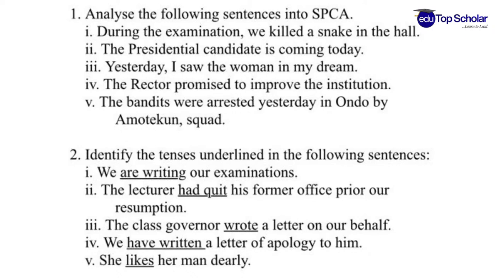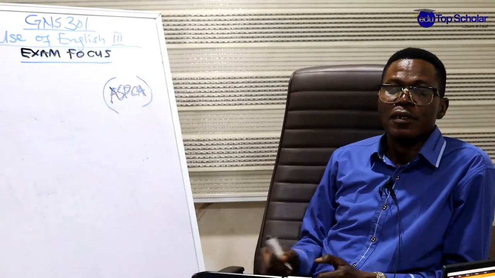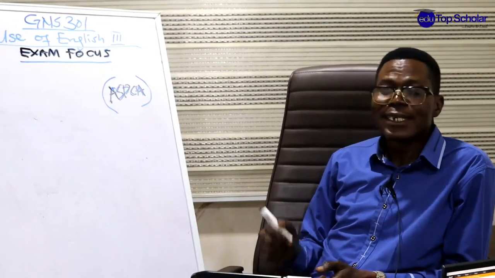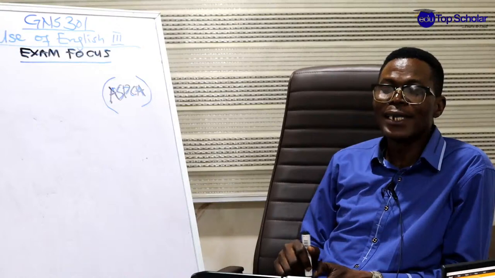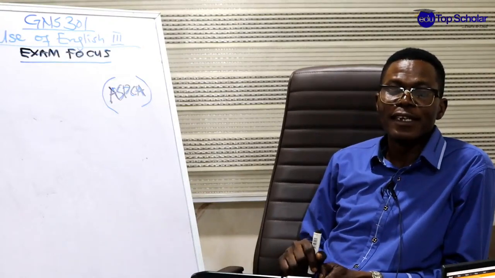I think you can see that. So please write your summary at the end of each sentence. So we, the subject, killed, the predicator, a snake, the complement, in the hall, another adjunct. So that is for sentence number 1.